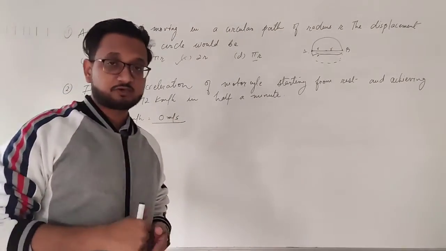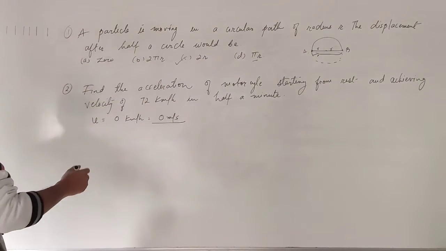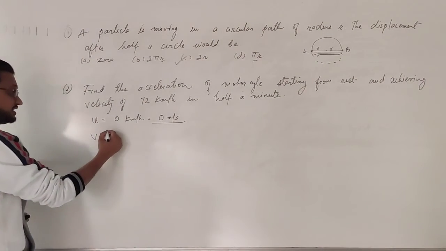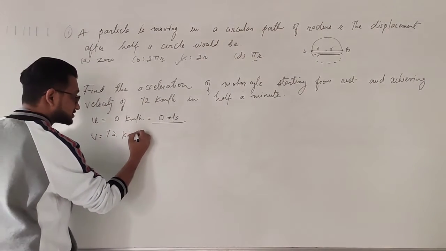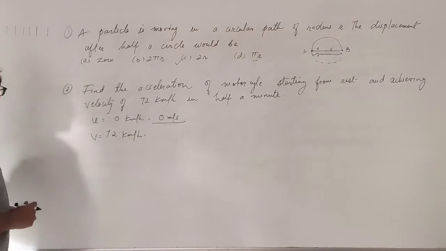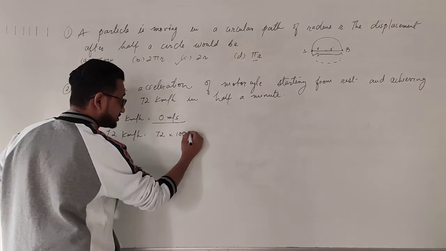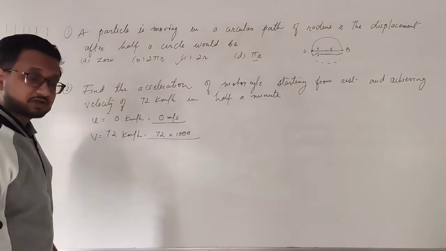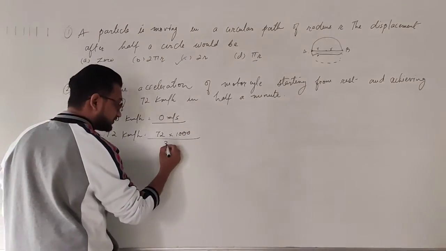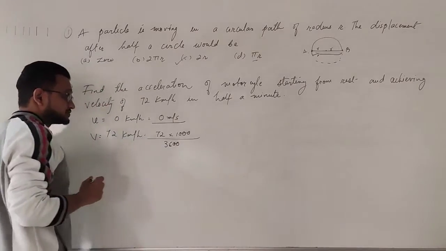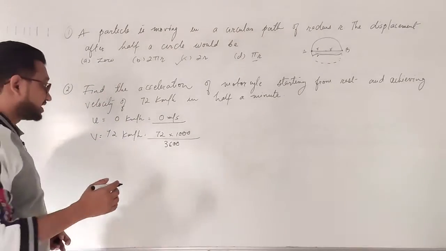You will obviously have to convert it into meters per second. Second one is final velocity v is 72 kilometers per hour. Converting that is 72 kilometers multiplied by 1000 to make it meters, and for hour we have 3600. I have shown this conversion many times.